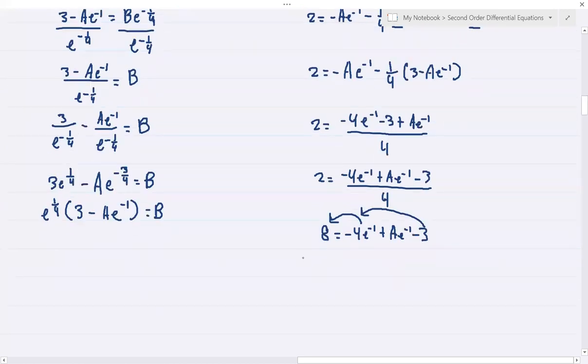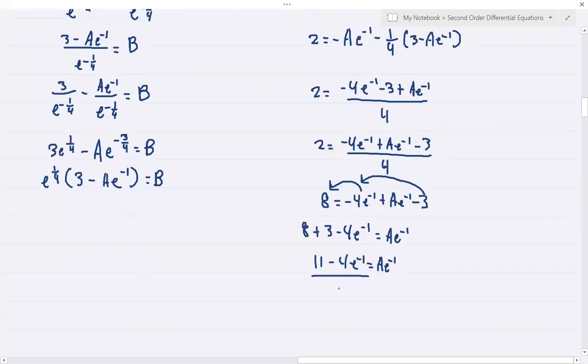So I will have 8 plus 3 minus 4e raised to negative 1 is equal to ae raised to negative 1. So I will have 8 plus 3 is obviously 11. 8, 9, 10, 11. Yeah, 11 minus 4e raised to negative 1 is equal to ae raised to negative 1.